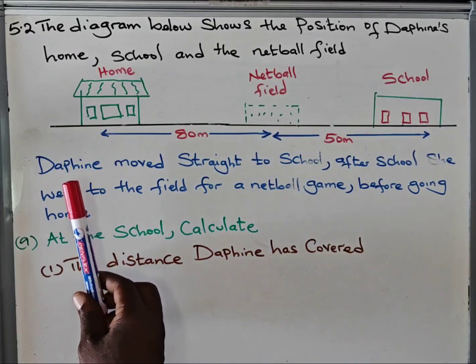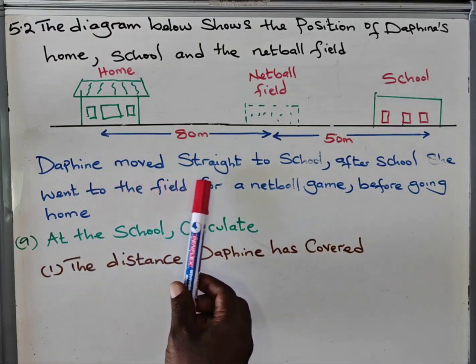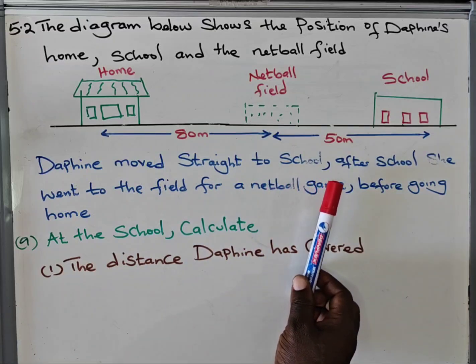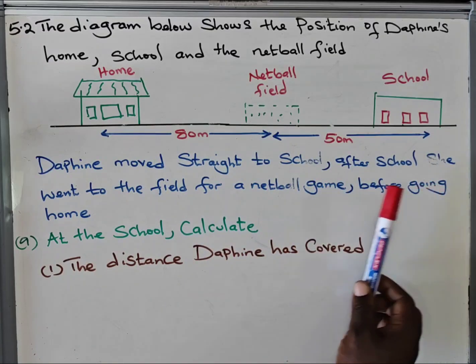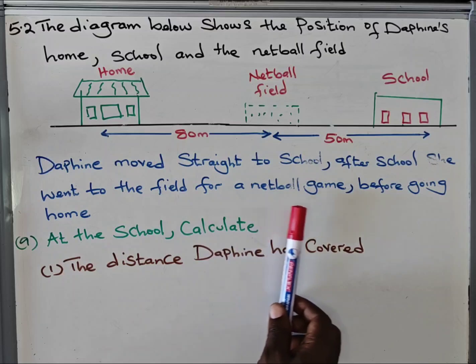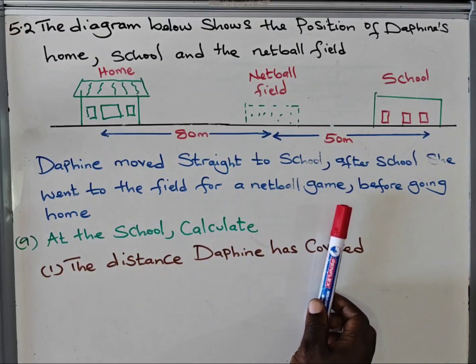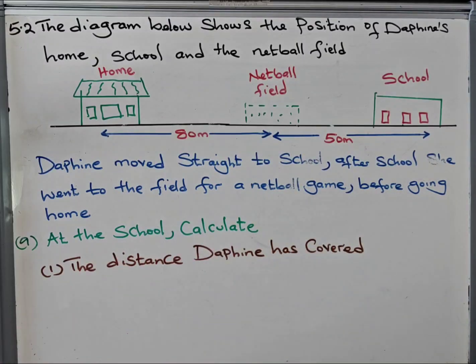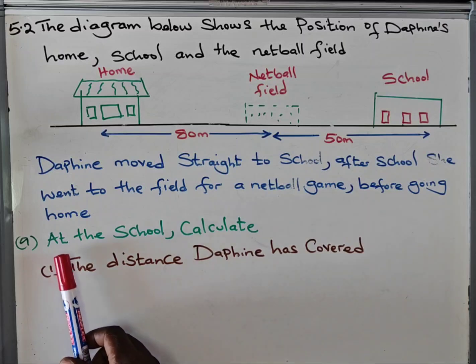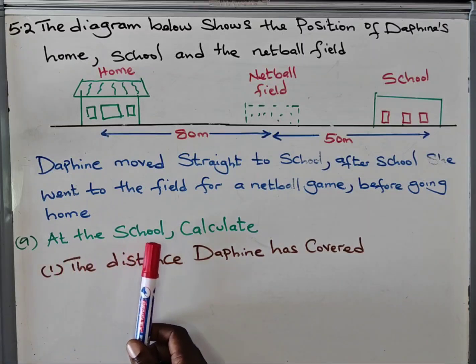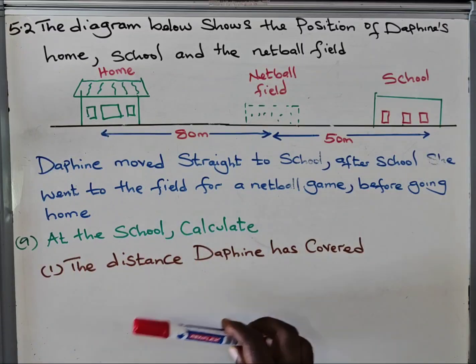Daphne moved straight to school. After school, she went to the field for a netball game before going home. That's how Daphne moved. And here they say, at the school, calculate the distance Daphne has covered.